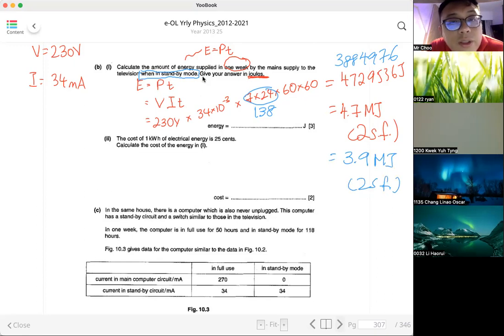Calculate the amount of energy supplied in 1 week by the main supply to the television when in standby mode. I think both definitions can also be true. It depends on your definition. Based on Oscar's definition, based on the question above, it should be 138 hours. If I were to take the 1 week literally, it'll be the red answer.